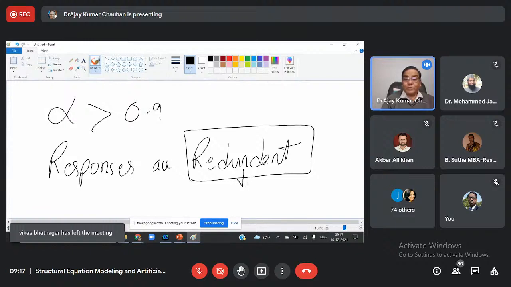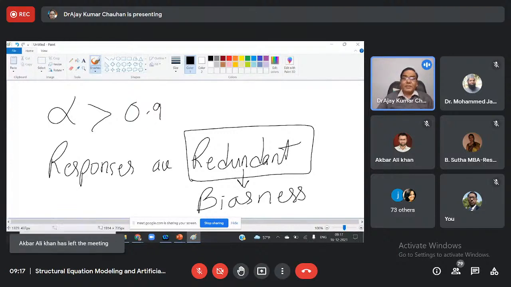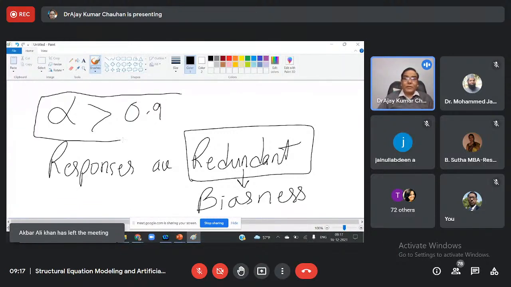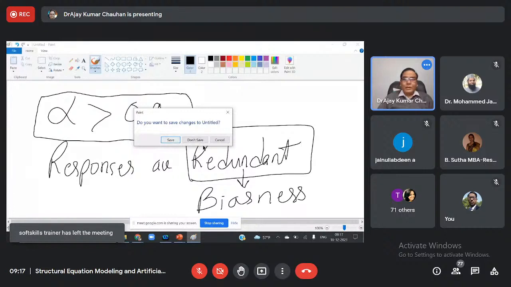And when your responses are redundant, it means there is a lot of biasness in the responses. So alpha is something which we have to take care of very carefully. And the problem is that alpha is also part of the validity. So I will explain this later on. Now, I hope you have clarity on the alpha.